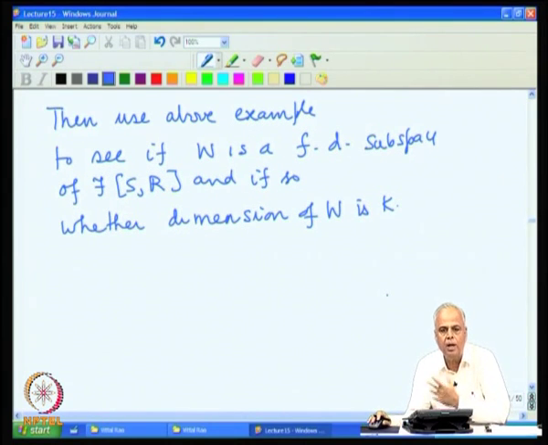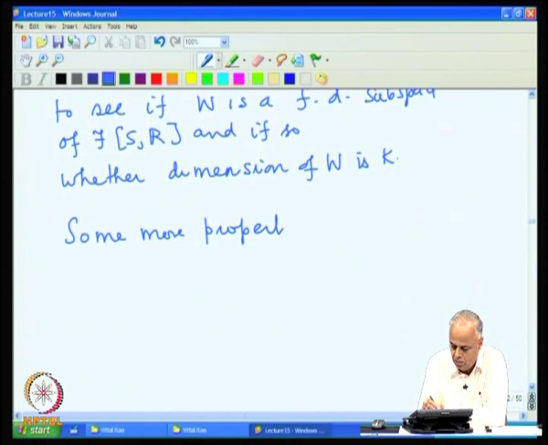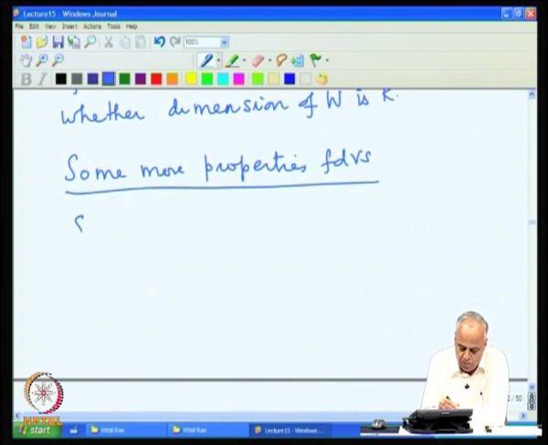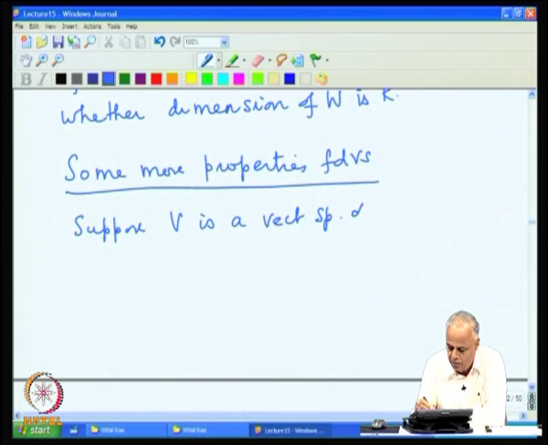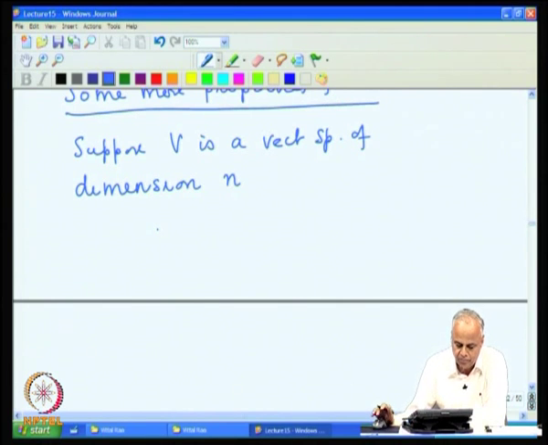So, we have seen a number of examples of dimension. Let us move on and look at some more properties of finite dimensional vector spaces. Suppose V is a vector space of dimension n.